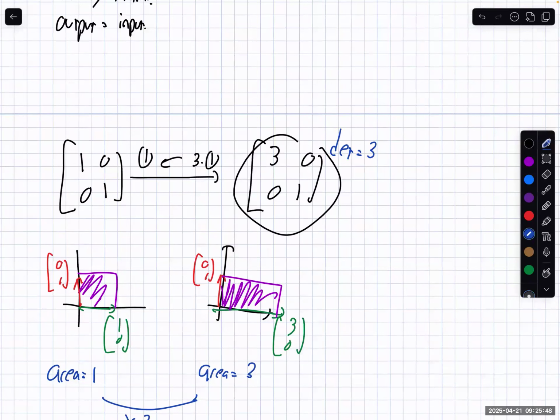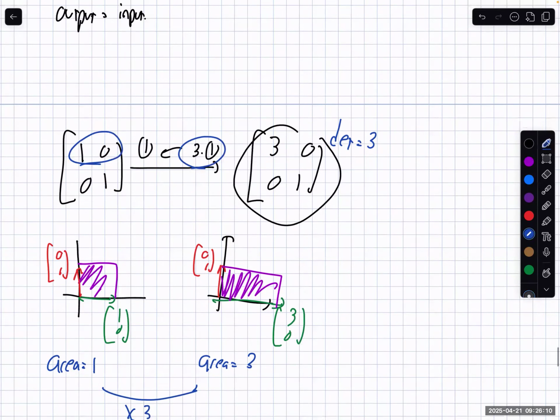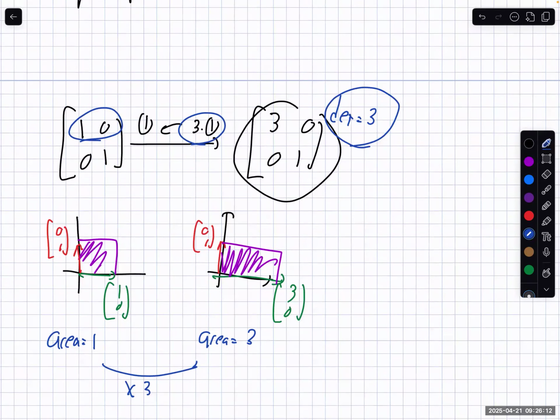Or from the AD minus BC calculation, the determinant of the new matrix is 3. Okay, so if I replace row 1 by 3 times row 1, the new determinant is 3 times the old determinant.